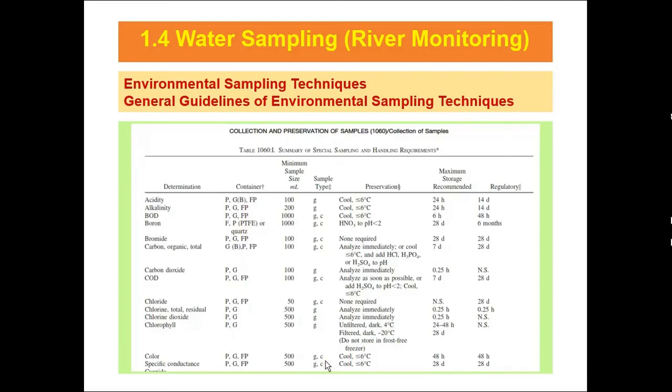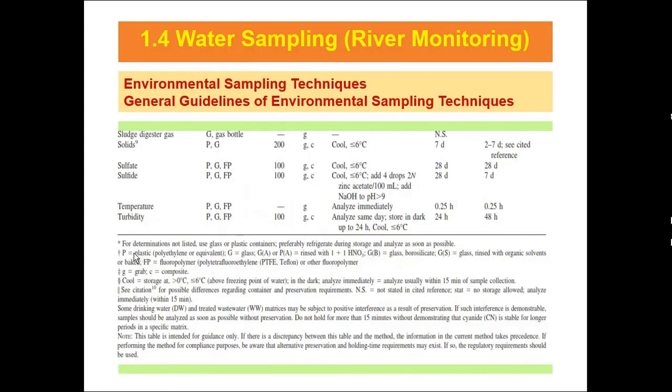Okay, this is the collection of samples. Here are alkalinity, acidity, carbon, chloride, for example, and this is the container: plastic, glass, fiber plastic. They mention here what you should do.